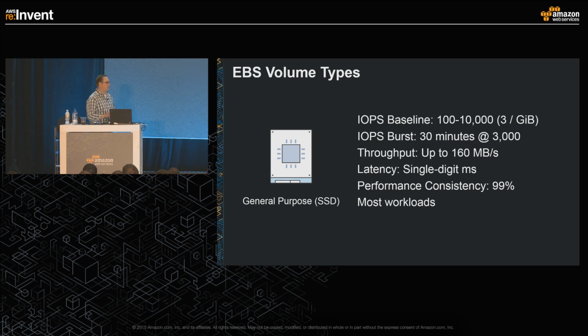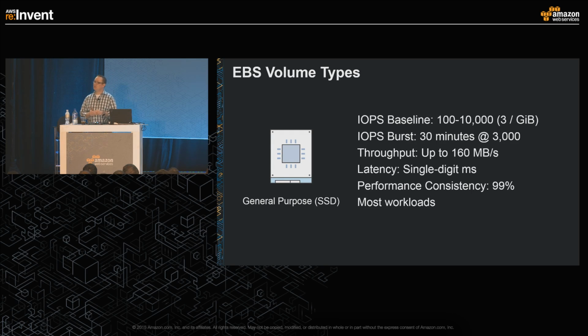So let's start with the general purpose SSD volumes. General purpose SSD, I think, is a really unique piece of technology that, if you've spent time working on storage subsystems, if you've actually had to rack and stack arrays, is really cool. It's a volume that has a baseline performance, so you know what the volume will deliver, along with the capability to burst substantially higher on smaller volume sizes.